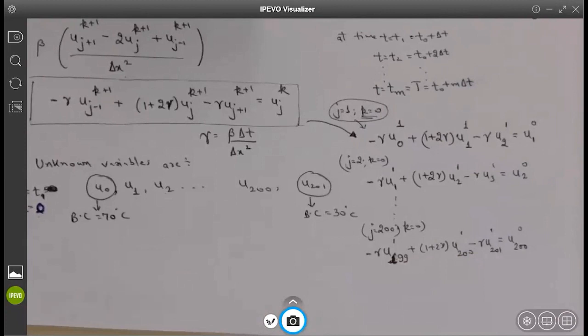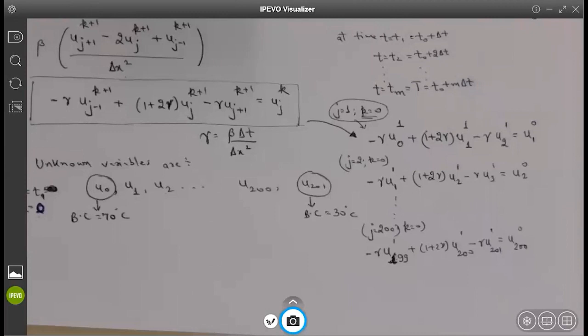Professor, I think j equals 202, not 200, because when we create a matrix we have to neglect the first boundary condition and last boundary condition.